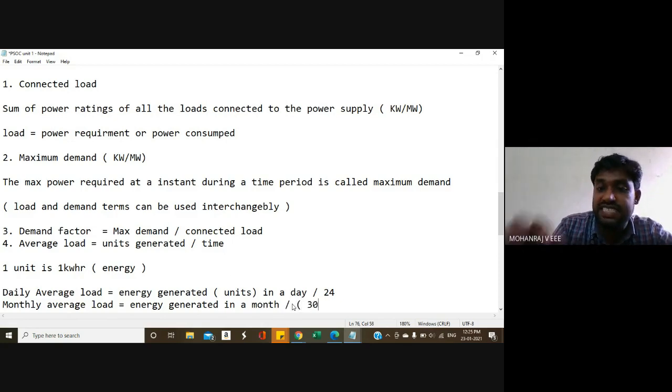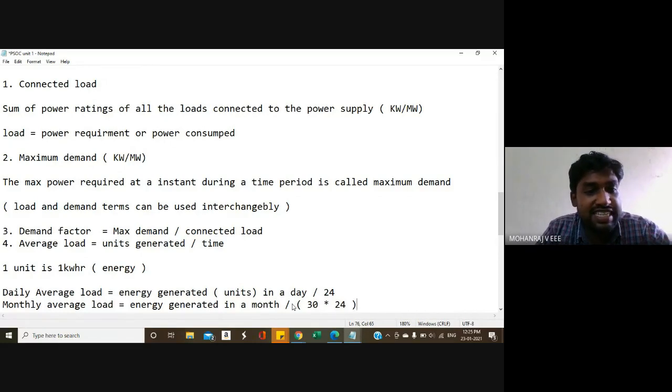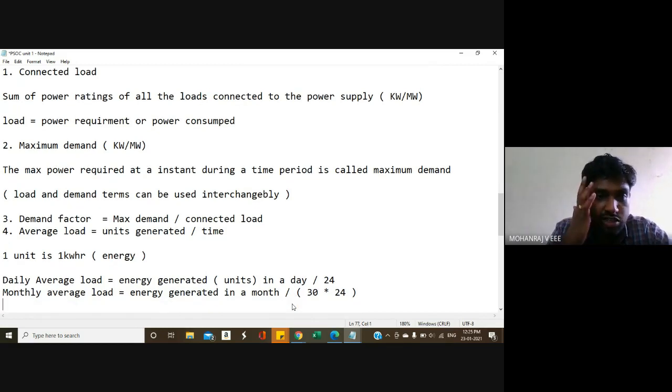The number of days is 30, and in each and every day you have 24 hours. So monthly average load is equal to energy generated in a month by 30 into 24, where 30 stands for the number of days in a month and 24 stands for the number of hours in a day. That is about your monthly average load.